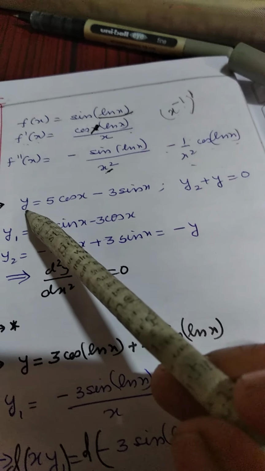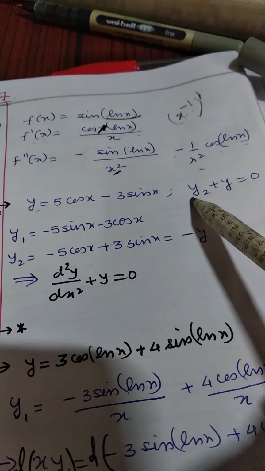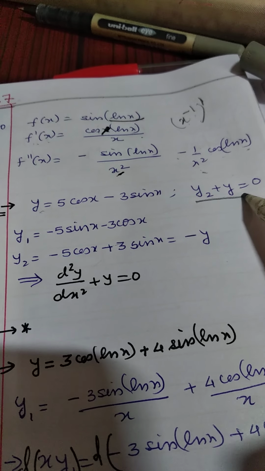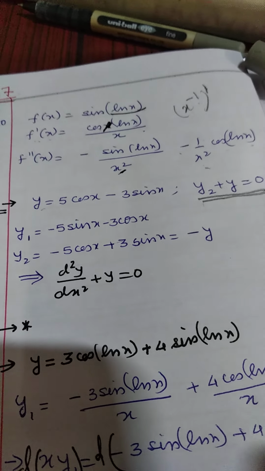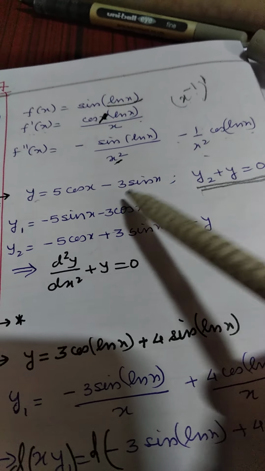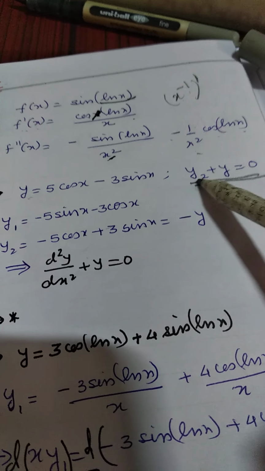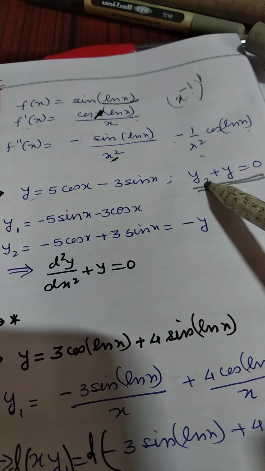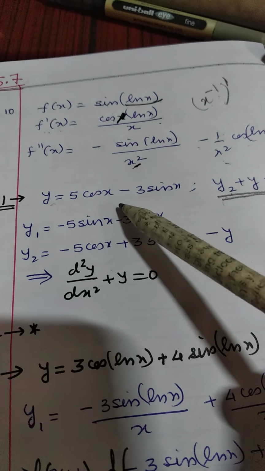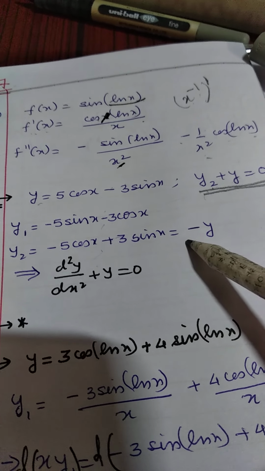Now here, the next question says that you need to rewrite the statement, that is you have to form a differential equation. This is known as a differential equation. So this differential equation is formed by differentiating this expression. Here it says that it has to be differentiated twice. So we differentiate it 2 times. And while doing it, we find that we'll come across the term y in it.